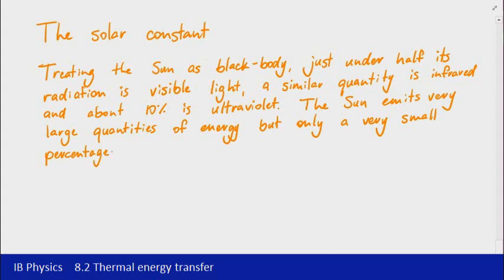And so all of the energy radiated by the Sun, the majority of it is out into space, and so a very small proportion arrives at the top of Earth's atmosphere. So that's the basic idea that we need to consider when we're looking at this quantity of the solar constant.